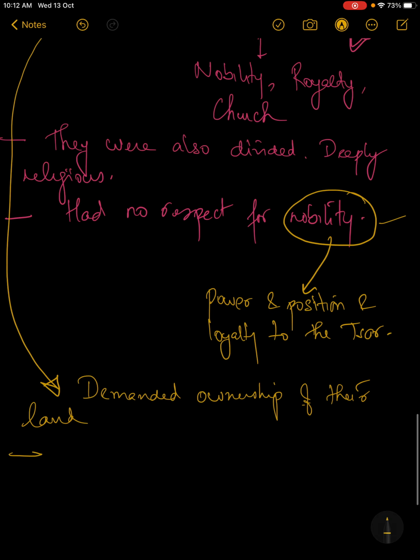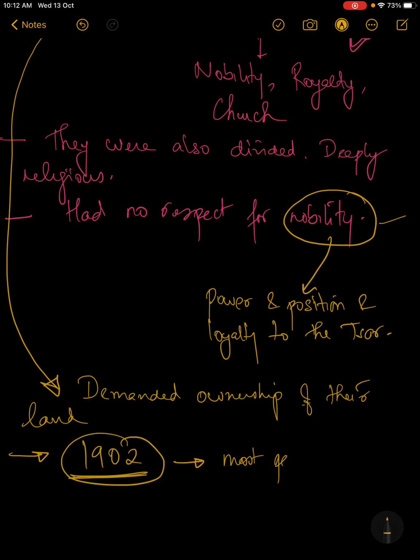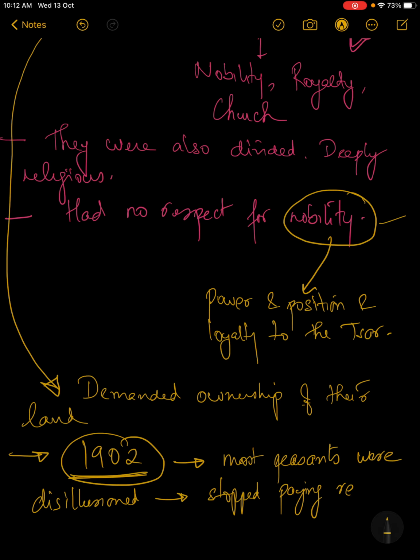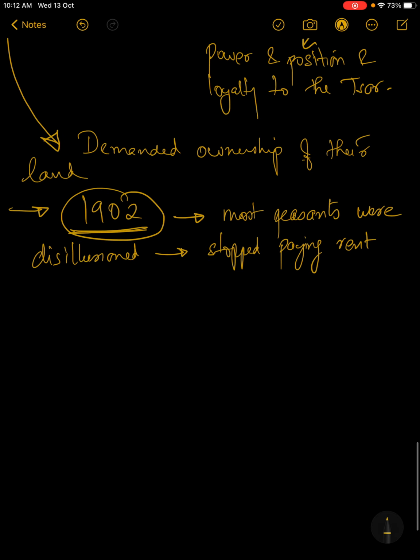Soon what happened was, slowly, by 1902 most of the peasants were disillusioned, stopped paying rent on the land, stopped paying tributes to the nobility, and here is when things started getting a little bloody. They even started murdering their landlords.